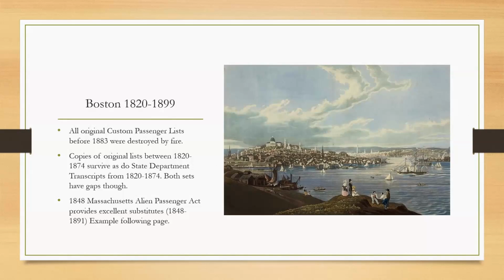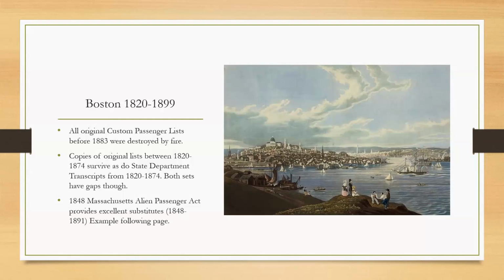The big supplemental record for Boston comes from the 1848 Massachusetts Alien Passenger Act, passed in 1848 in response to the gigantic waves of indigent Irish immigrants arriving in Boston at this time in response to the Great Famine.